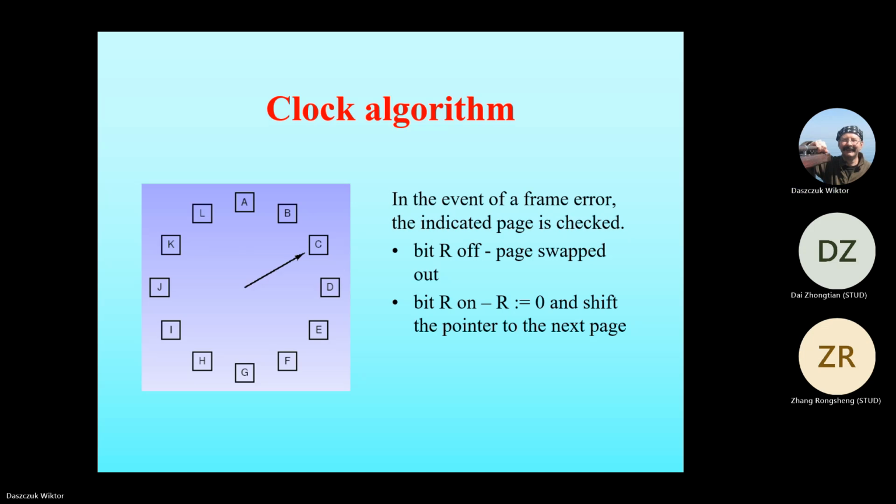However, first difference is that processes are not in a list, it is rather a cycle. So we can compare this to the list that is joined head to tail. And the frames are not in order of their loading to memory as in FIFO algorithm. The order of pages in the ring is arbitrary.